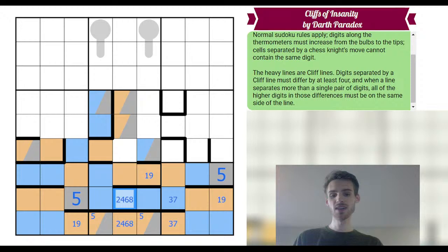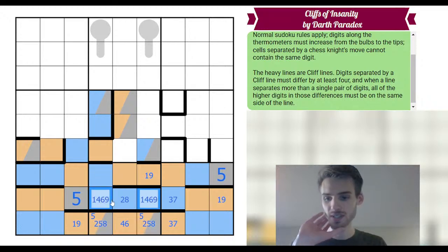So this is a 2, 8, and this is a 4, 6. Okay, so one of these is 5 and one of these is 3 or... wait. No, not 3 or 7. Sorry. 2 or 8. And then one of these is 1 or 9, and the other one is 4, 6.